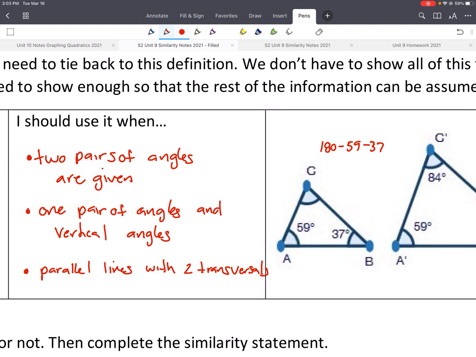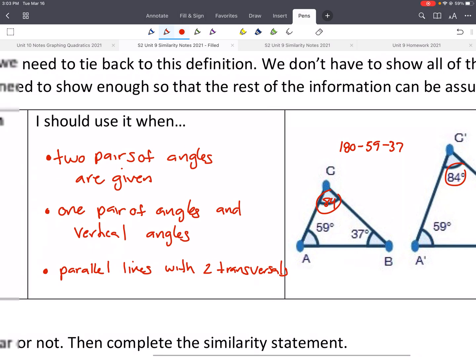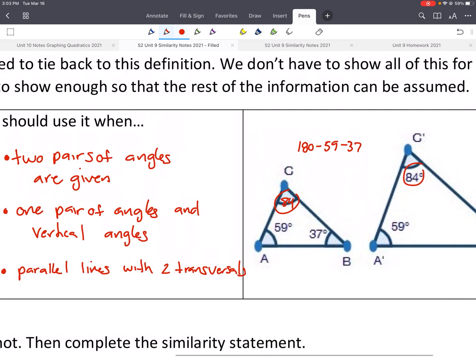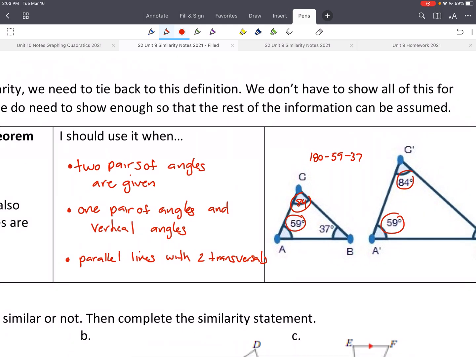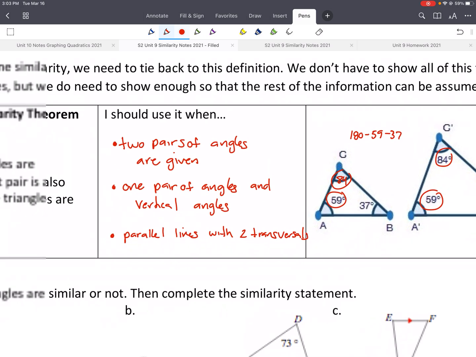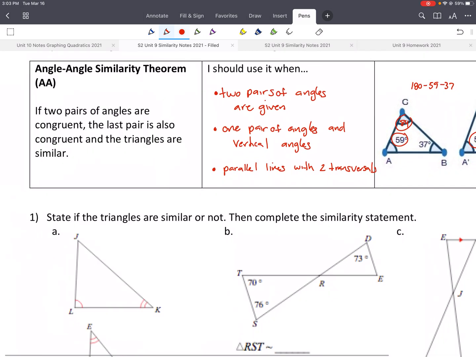And that would end up giving you 84, okay? So we know that we have two pairs of congruent angles. And if we have two of those, then we know that the third is also congruent because triangles add up to 180. Okay, so that is one example.